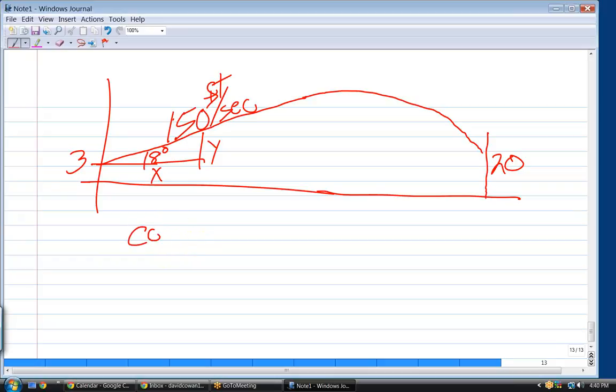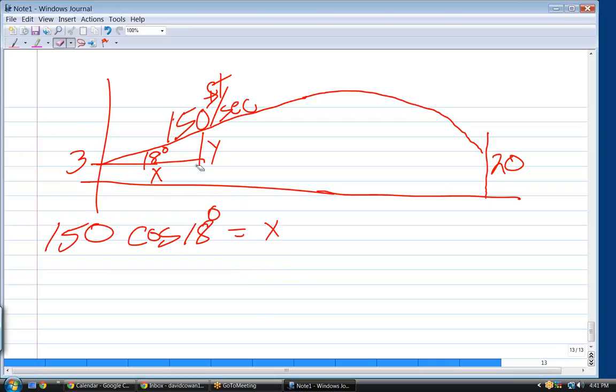Okay, what would the cosine of 18 degrees be? That'd be x over 150. Exactly. So x becomes 150 times the cosine of that angle. That's what x is equal to.